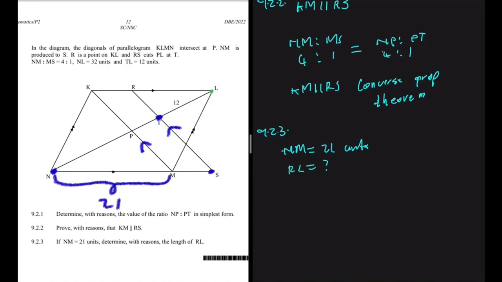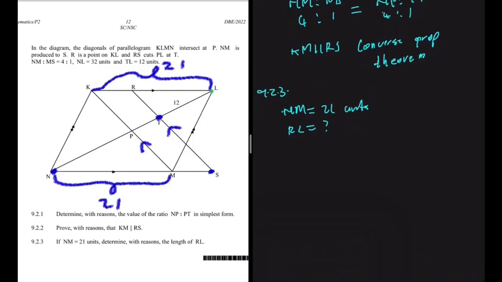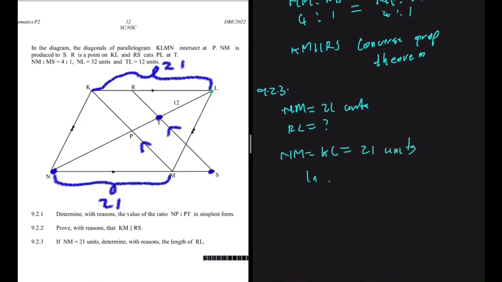But then since KLMN is a parallelogram, then it means that KL is also 21 units. So in pursuit to find RL, let's use KL, because we know that KL is equal to 21 units, right? So we're going to say that NM is equal to KL is equal to 21 units in triangle KPL.